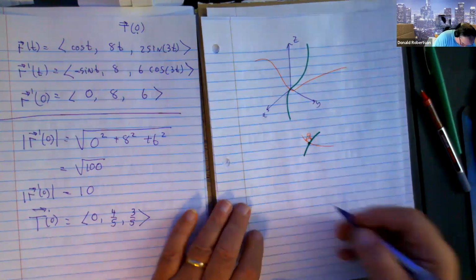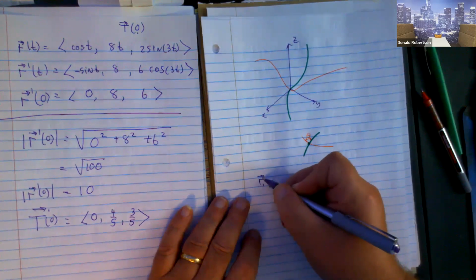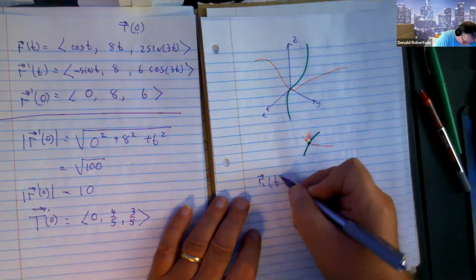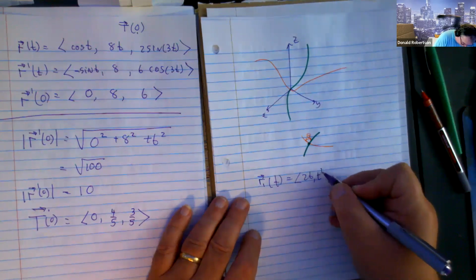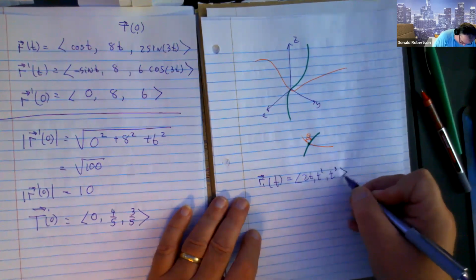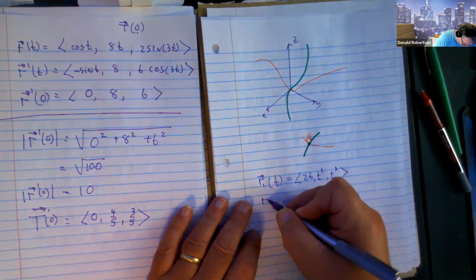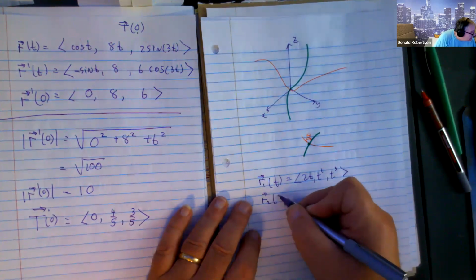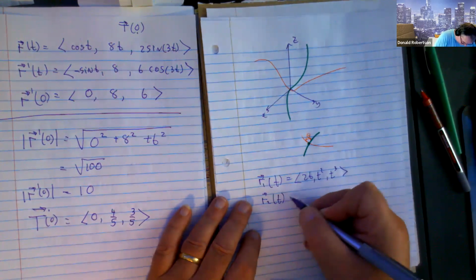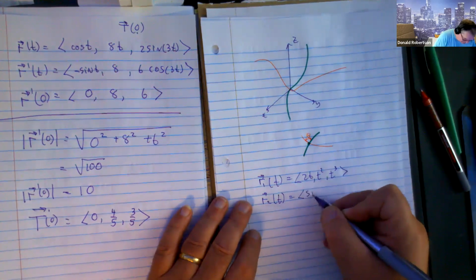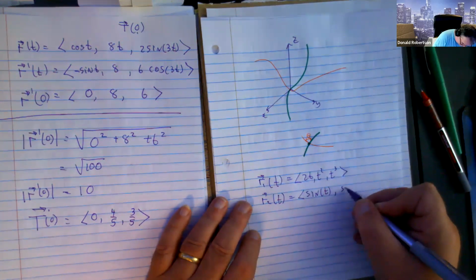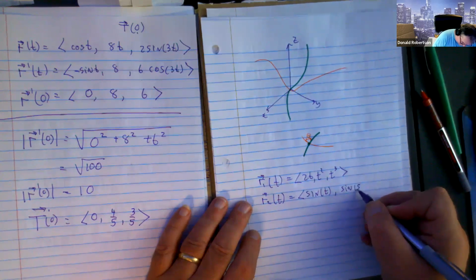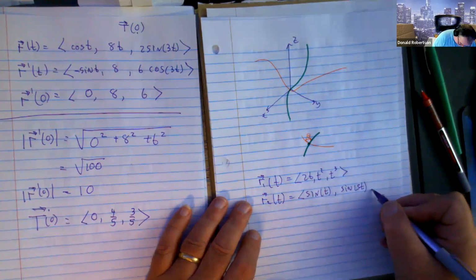So we have our first curve, which is 2t, t squared, t cubed. And we have our second curve, and it is the sine of t, the sine of 5t, and then 4t.